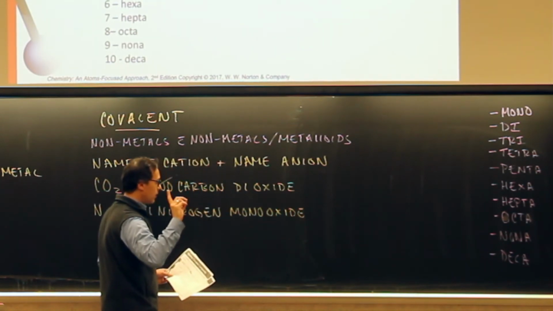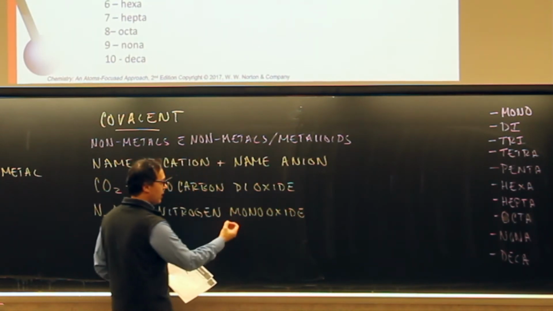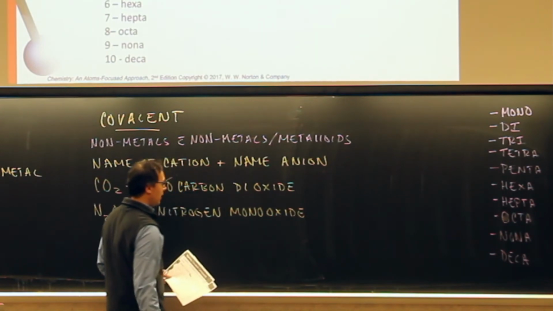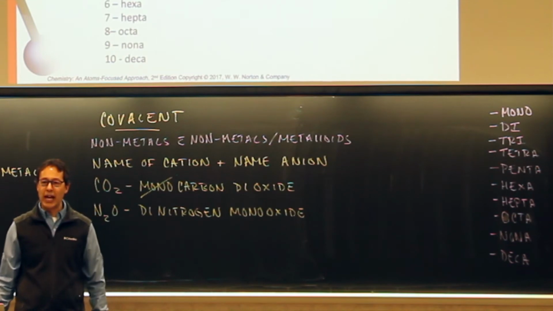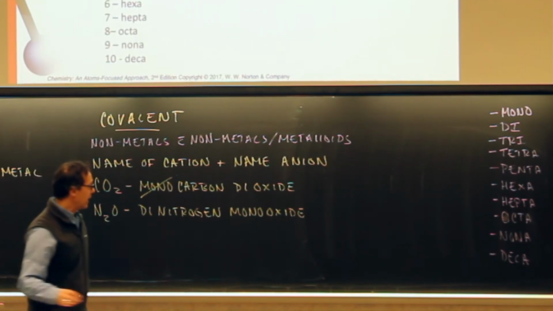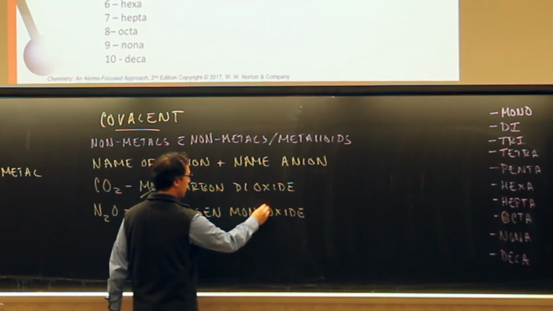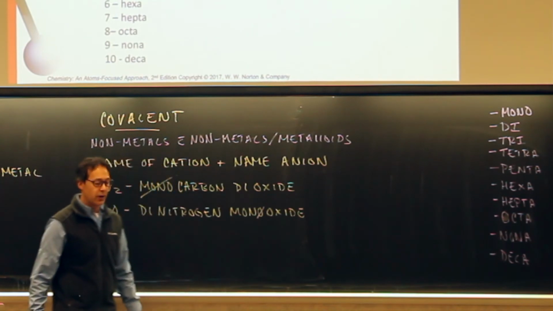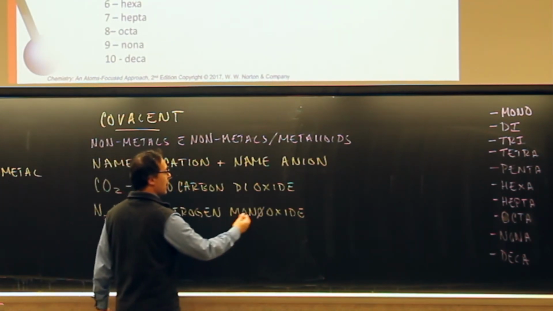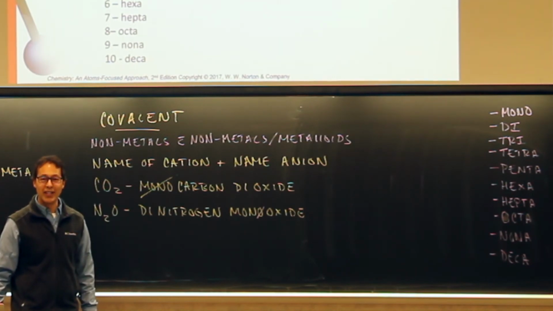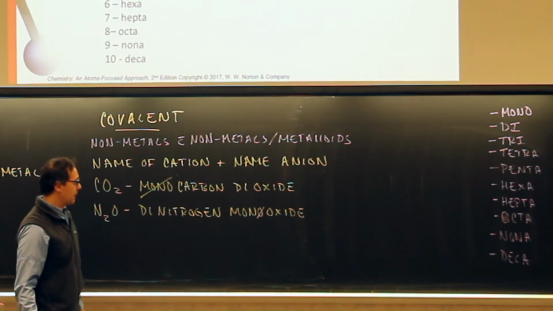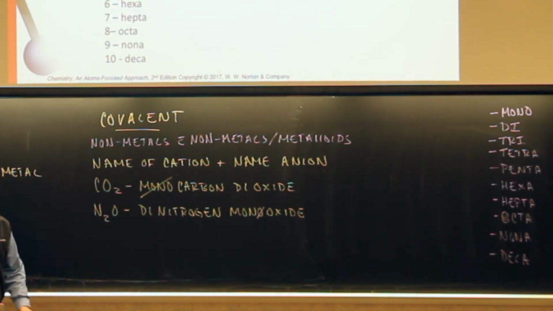Now hold on. If you're writing in pen, monooxide, that's too many syllables. So over time, people have just decided to cross one of those vowels out, and then we pronounce it monoxide, right? We don't say carbon monooxide, we say carbon monoxide. We just get rid of that extra vowel. So those are just kind of the funny rules.